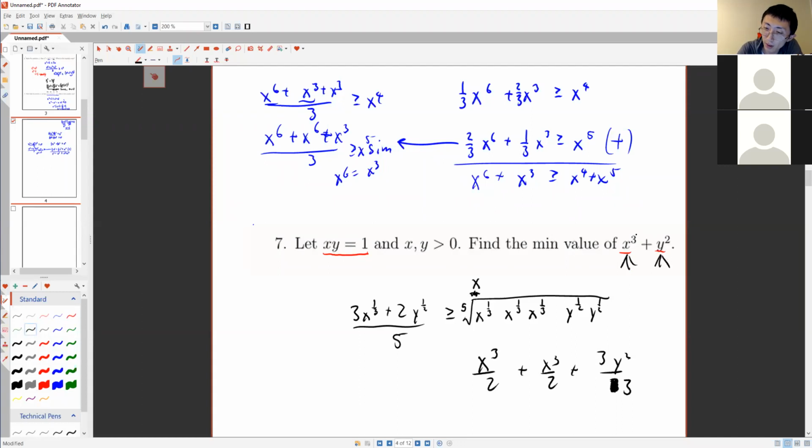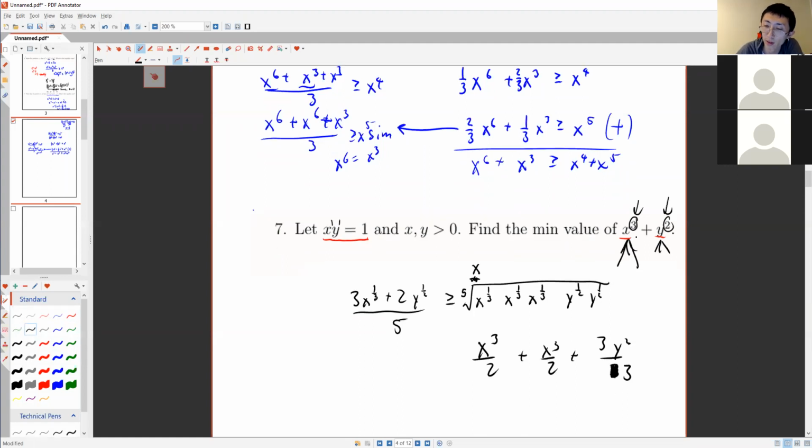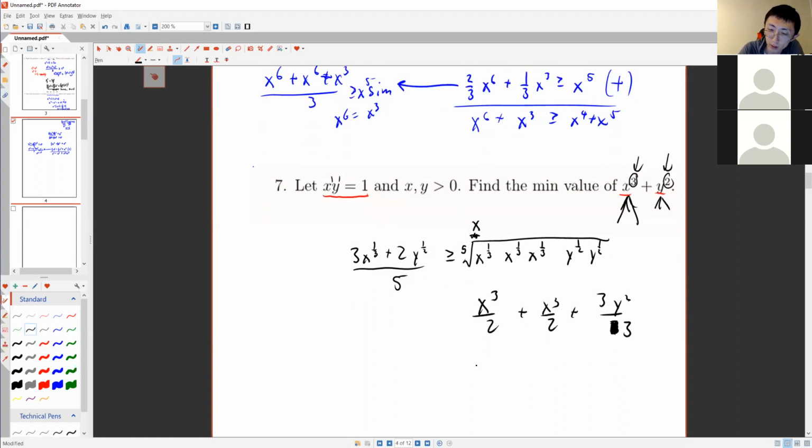So let's see. Yeah, we want to make the exponents even, so it makes sense to break the 3 into 3 plus 3 divided, and we want to make it 1 and 1. So we want 2 of these and 3 of these to make the exponents even. Okay, so x cubed plus y squared is broken like this, like Vincent said.